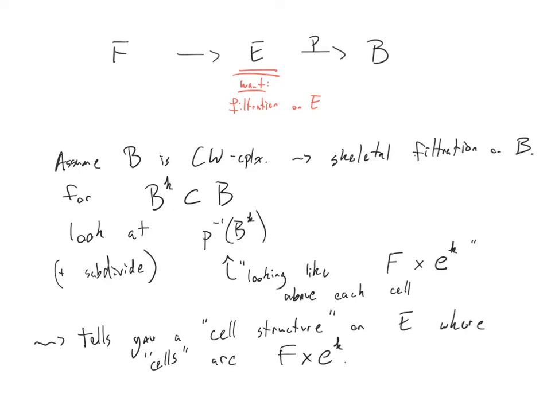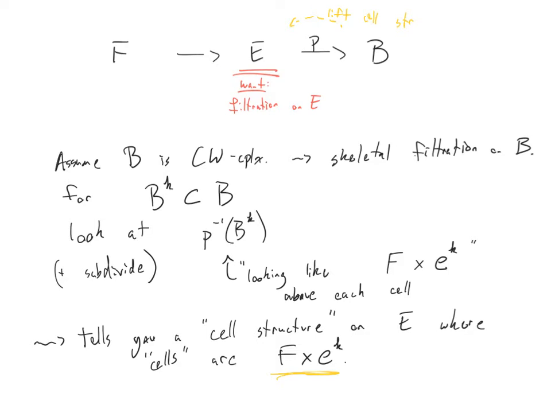And it tells you how to glue those all together to get a big description of E. And it's doing that by lifting the cell structure of B up to E. So you can lift the cell structure from an ordinary one on B to one where you have these crazy cells on E.